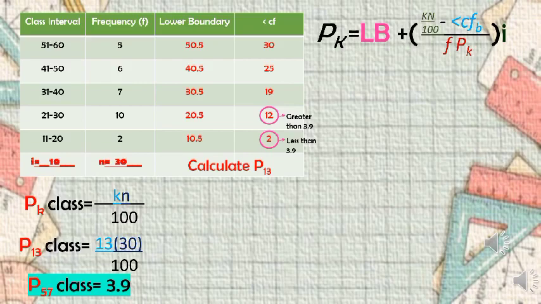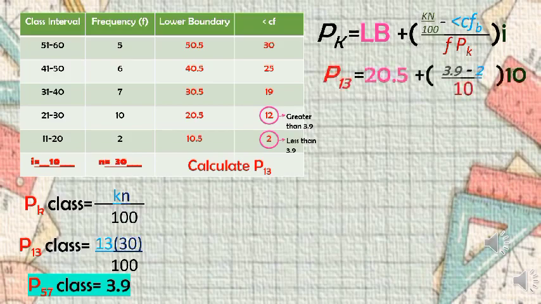We have the percentile k is equal to lower boundary plus the quantity of k times n all over 100 minus less than cumulative frequency before the percentile class all over the frequency of the percentile class times the class width or the interval.